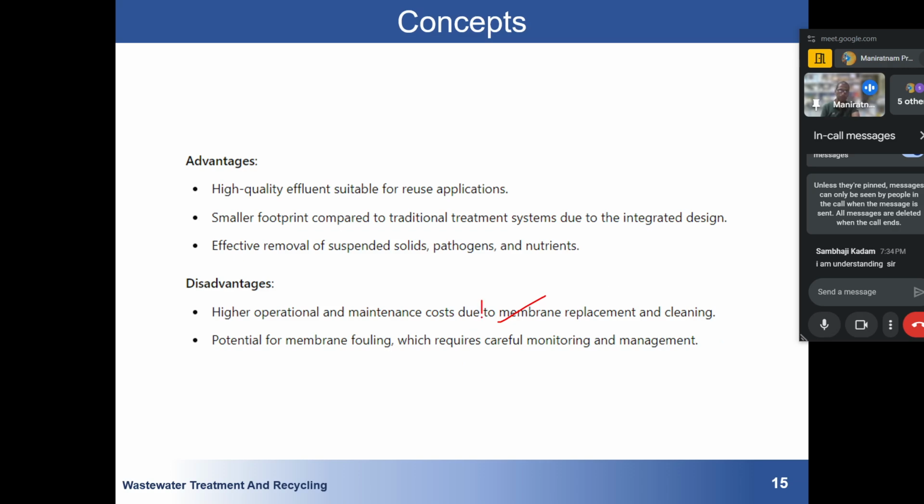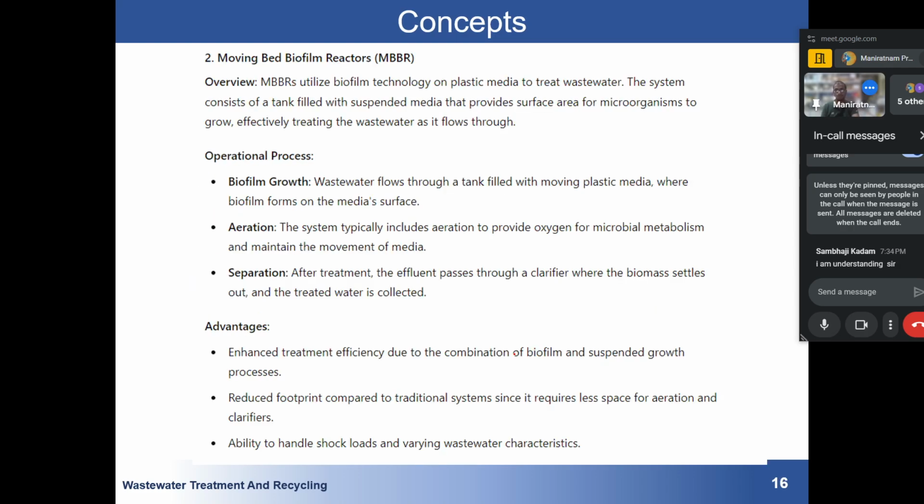If you combine both points, it is very costly, because for maintenance also people should be there. Not a single person, a group of persons who can do backwashing and clean our membrane and all these things.